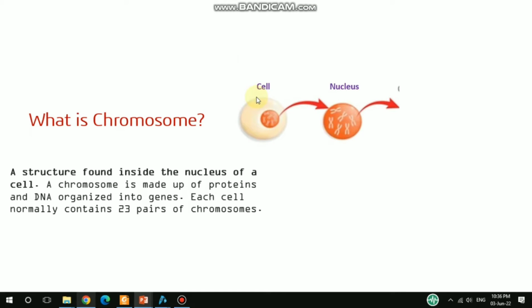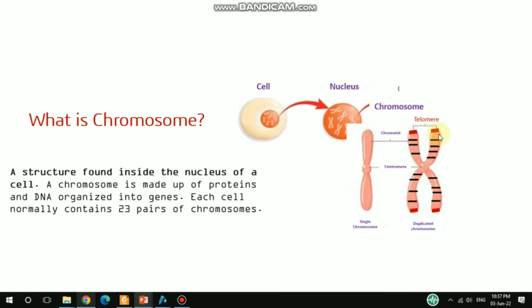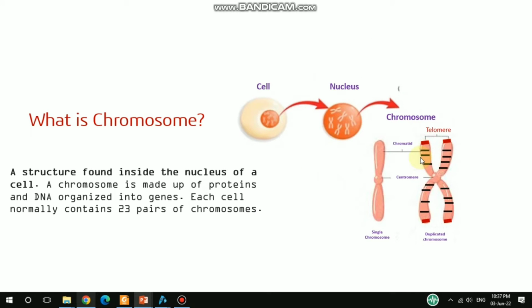If we look here at how the chromosome is present in the nucleus, if you zoom in, here is how the chromosome looks. Each single chromosome strand is called a chromatid, and this black portion is called a locus.